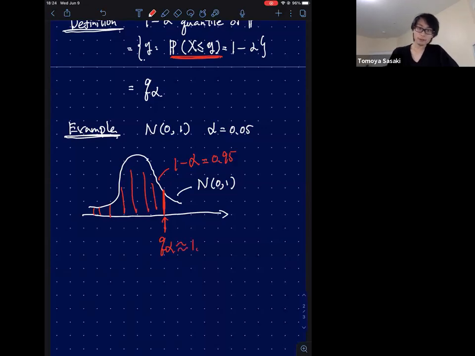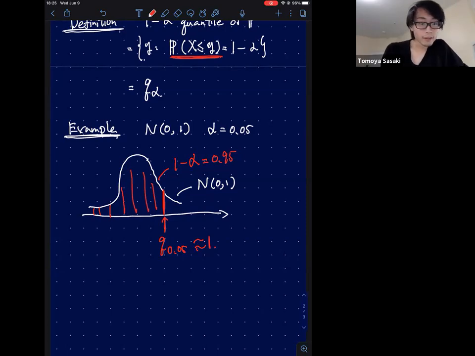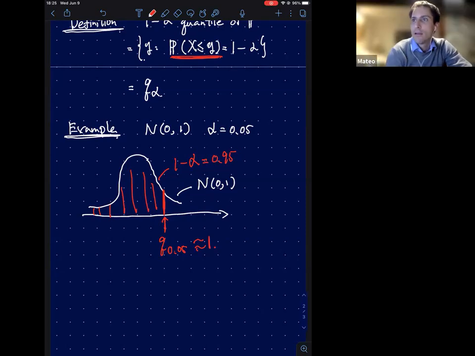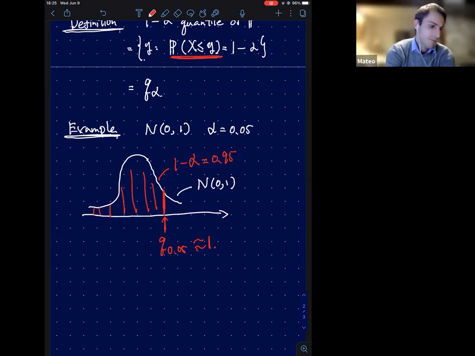Do you know what this value is, nearly? Does someone know what this quantile, 0.05, is? 1.64. Yeah, exactly.